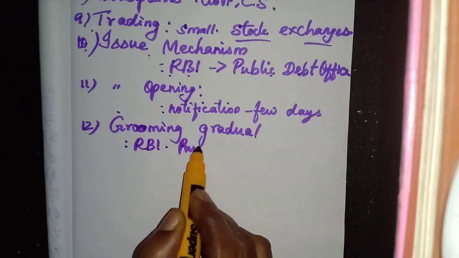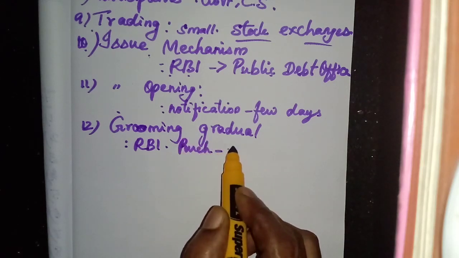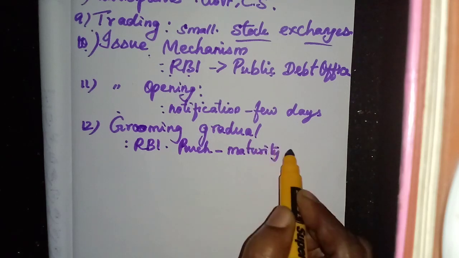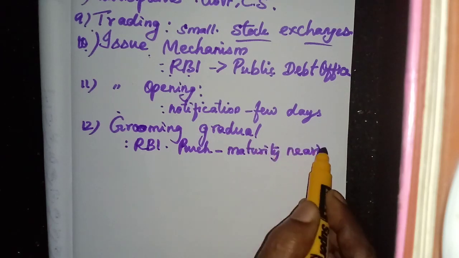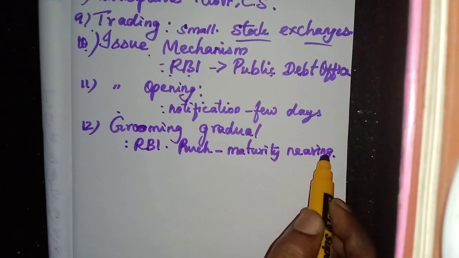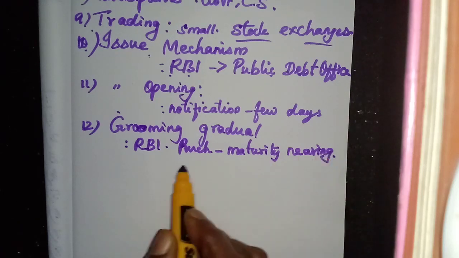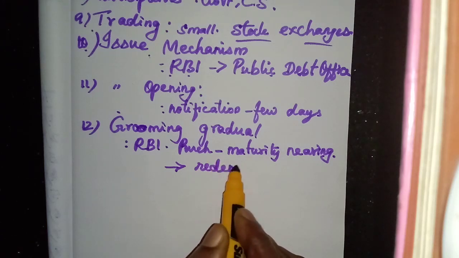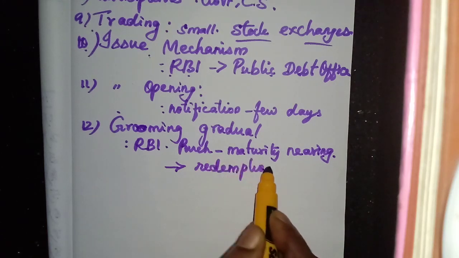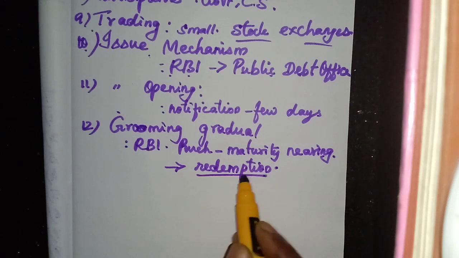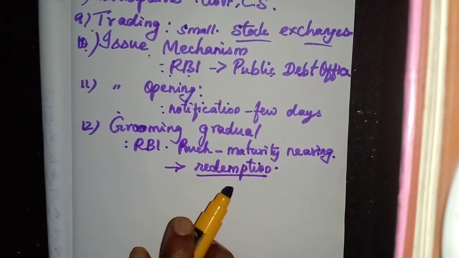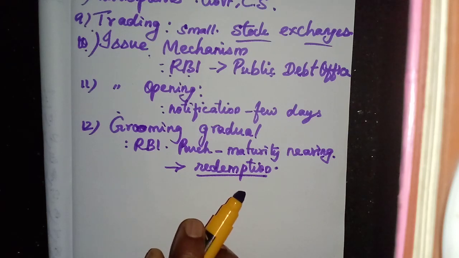Why are they purchasing? In order to facilitate the redemption of other securities. What is the meaning? Redemption means they have to repay the securities once the period gets matured, isn't it?